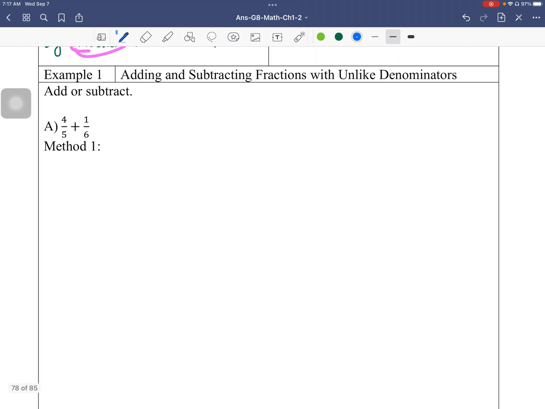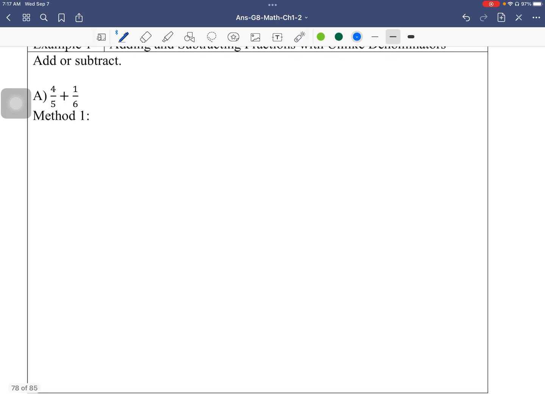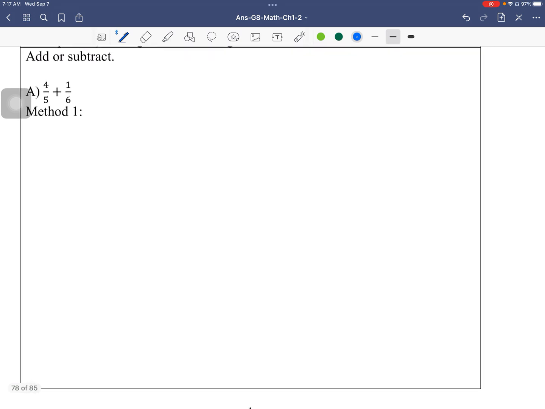Okay, so let's look at question 1. For question 1, we just use method 1, and for question 2, we are going to use method 2. So question 1, by using method 1, 4/5, I'll make it very long because I am getting ready for multiplication, plus 1/6. I just multiply the other part.